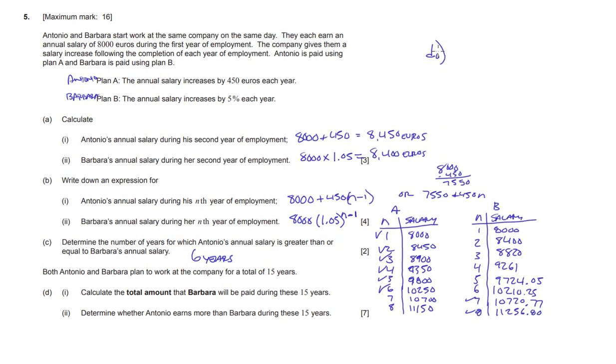Okay, so D part 1, we're going to do 8,000 times, and it's this one here, 1.05. So let's do 1.05, and it's to the n minus 1, so it's really 15 minus 1, so it's just to the 14th power, right?